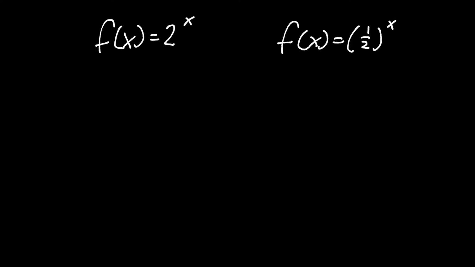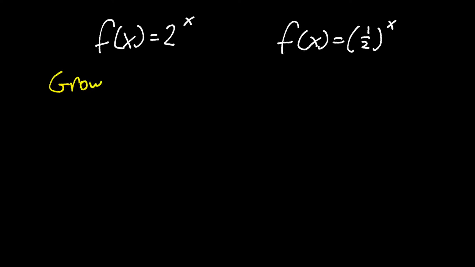Here we have two exponential functions. They look similar, but their bases are different. One has a base of 2 being raised to the x power, and one has a base of 1/2 being raised to the x power. And these two simple exponential functions are the best way to show you what the difference between a growth and a decay function is. In a growth function, your base is going to be bigger than 1, and that's important, so I'm going to write that down.